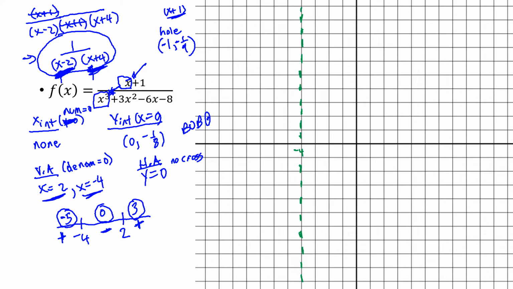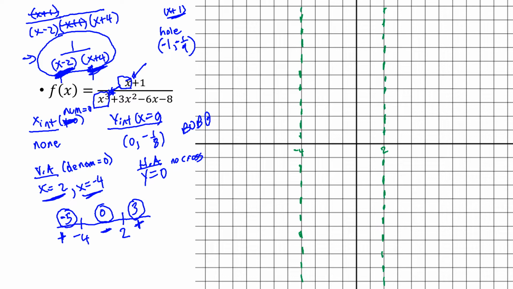We also have a vertical asymptote, we said, at 2. So here's 2. So if we put our vertical asymptote here, then this is what we have.